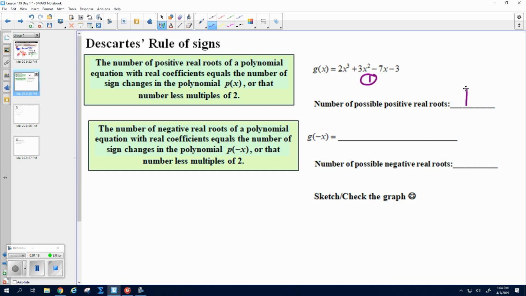Now, what if I want to know the number of negative real roots? To figure that out, we plug negative x into this function. So I'm going to plug in negative x for every single x in the function.